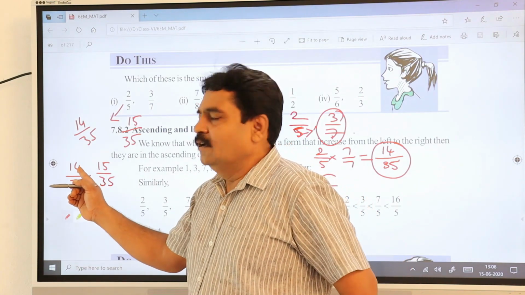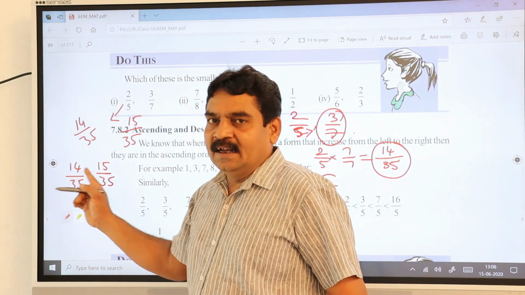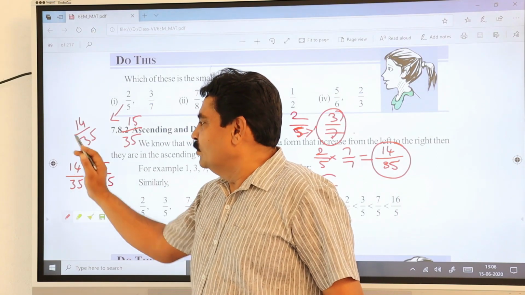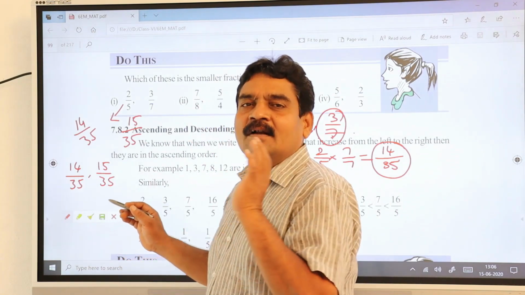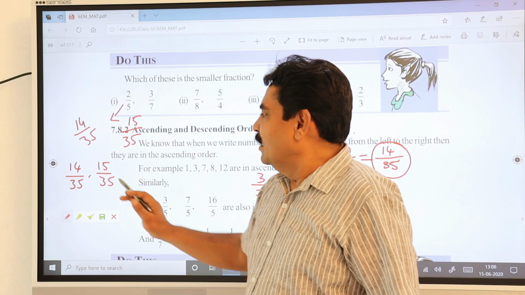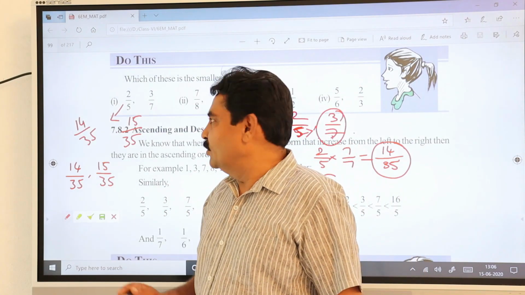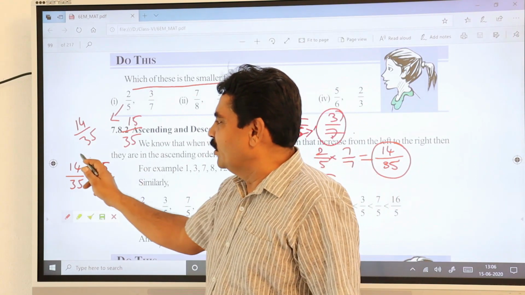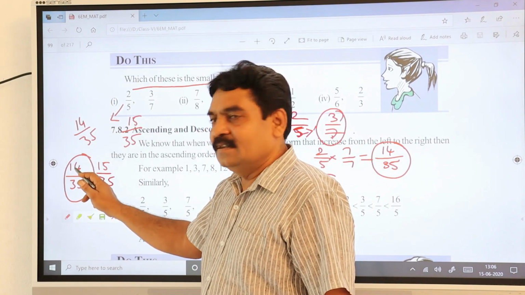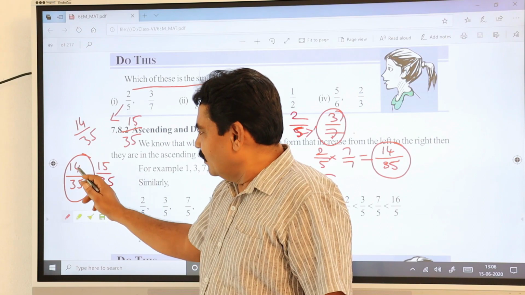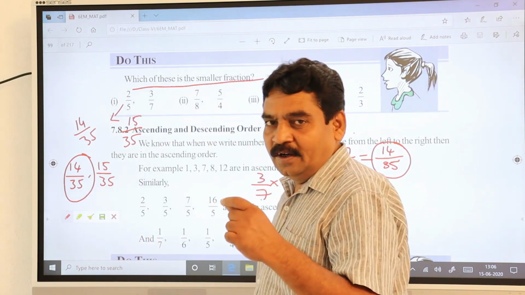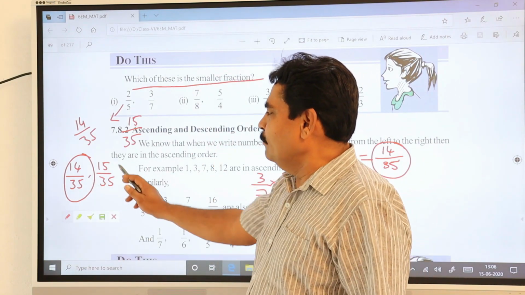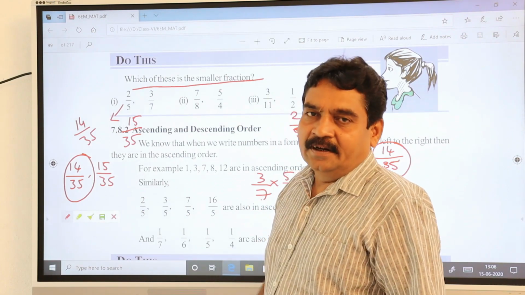The fraction with the lesser numerator value in like fractions is the lesser fraction compared to the other. Here it is asking which of these is the smaller fraction. So you write down 14 is smaller than 15. That's why 14 by 35 is a smaller fraction than 15 by 35.